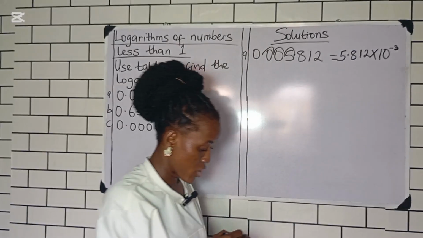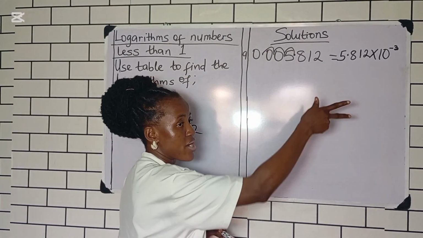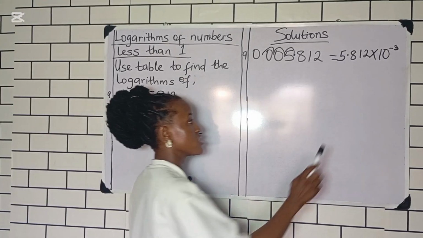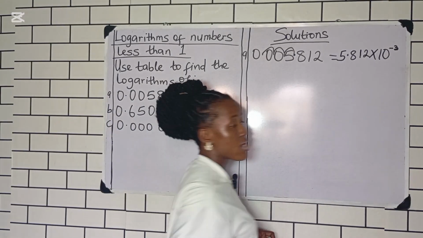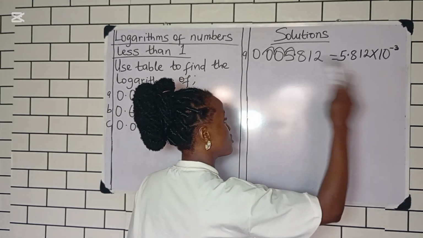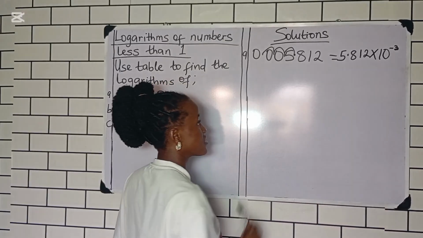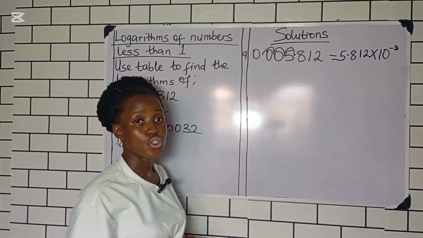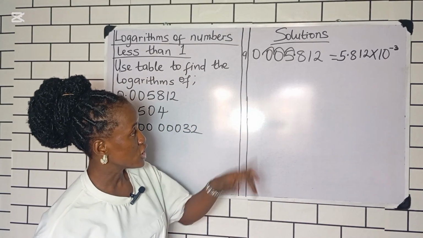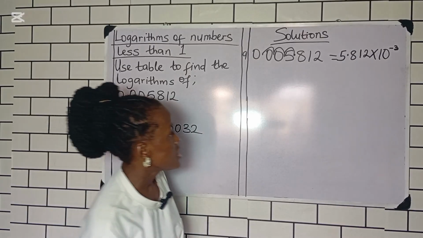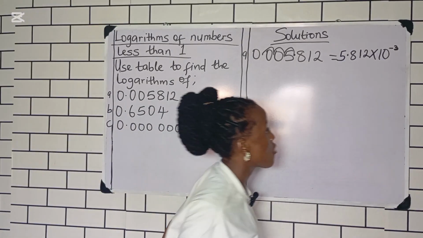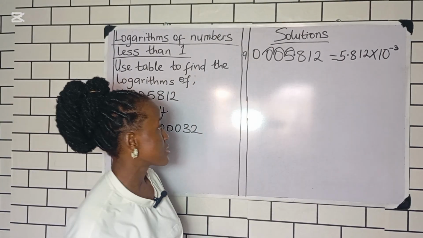Remember what I told you, whenever you are counting to the right, it's going to be a negative power of 10. But whenever you are counting from the right to the left, the power of 10 is going to be a positive integer. Therefore, this power of 10 is going to be our characteristic part.